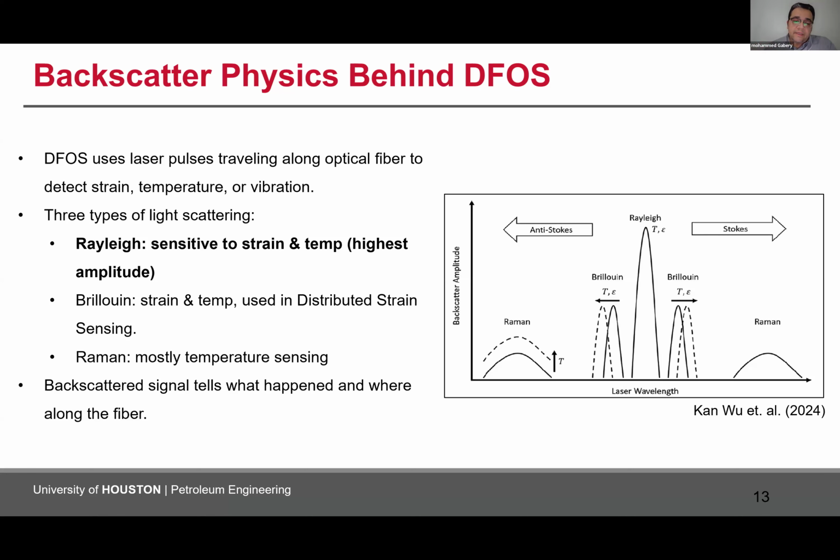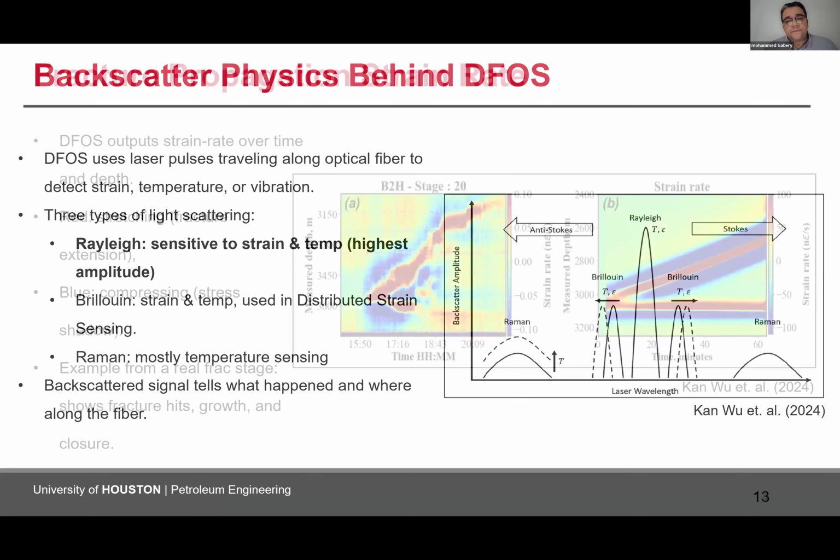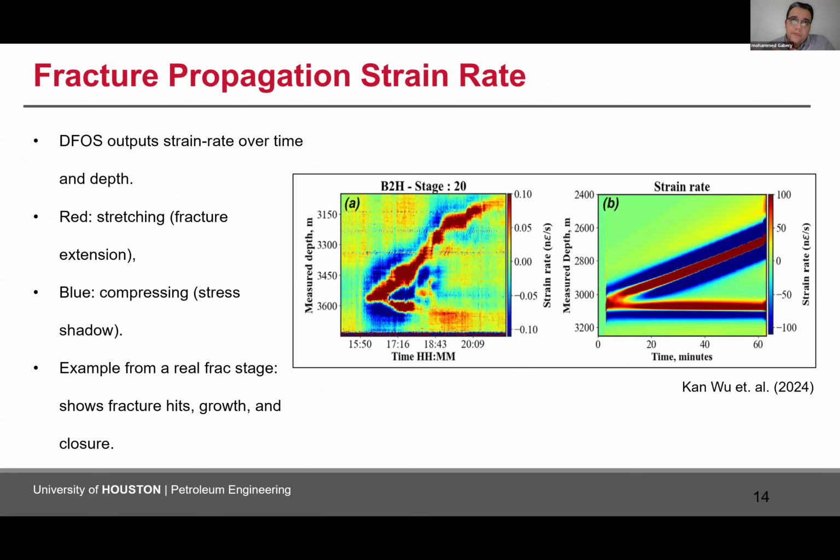And we use the backscattered signal to tell what happened along this fiber. How is fracture propagation seen on this fiber? By observing the strain rate with time and depth. Stretching on the fiber optics represents fracture extension, and compression on the fiber optics represents stress shadowing.